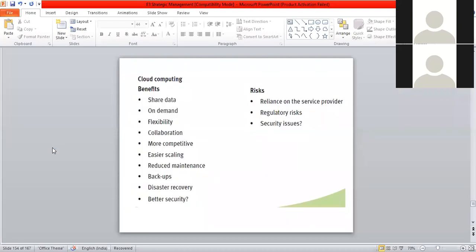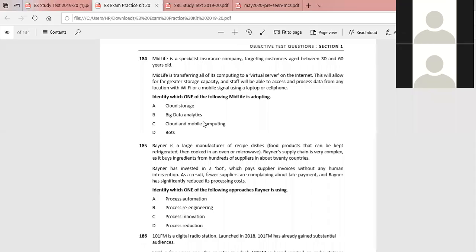The term that is used is called cloud computing, isn't it? Is it cloud storage or cloud computing? Cloud and mobile computing. That's the term which is used. The term is not called cloud storage, cloud computing.